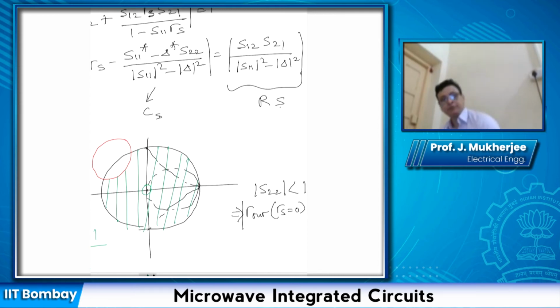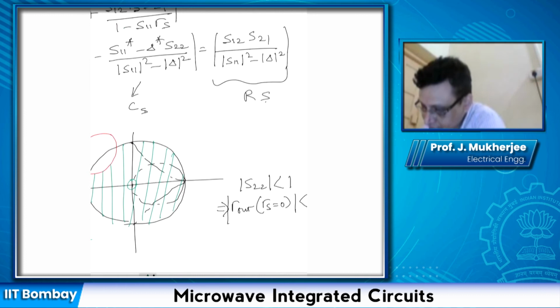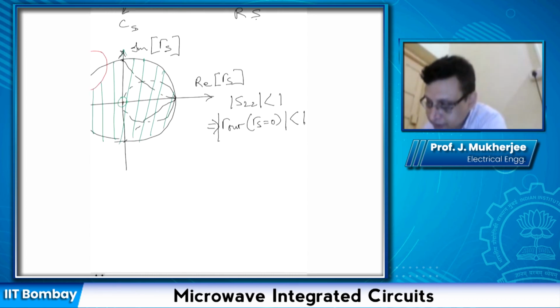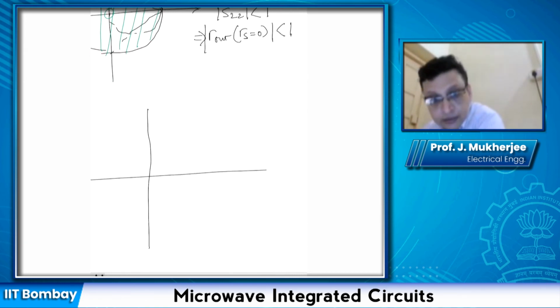Okay, now just for completeness, this will be the imaginary values of gamma S. This is the real values of gamma S. Suppose we have our input stability circle like this.